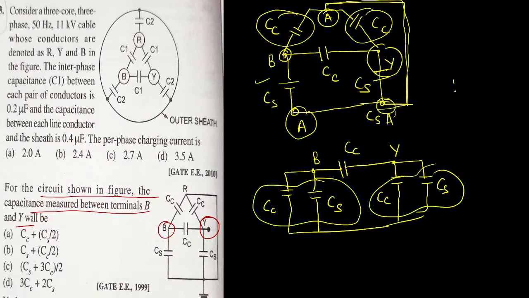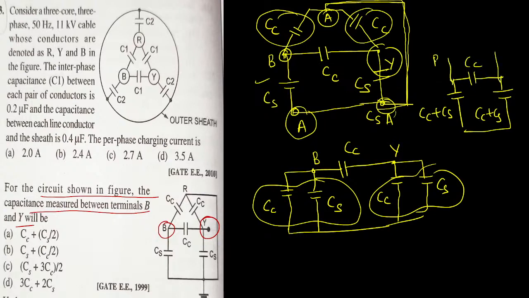The net value can be rewritten as CC plus CS. On the opposite side also we get CC plus CS. Then one more CC, but we are measuring the capacitance from here. That is point B, this is point Y. Now see, between B and Y these two capacitors are connected in series.